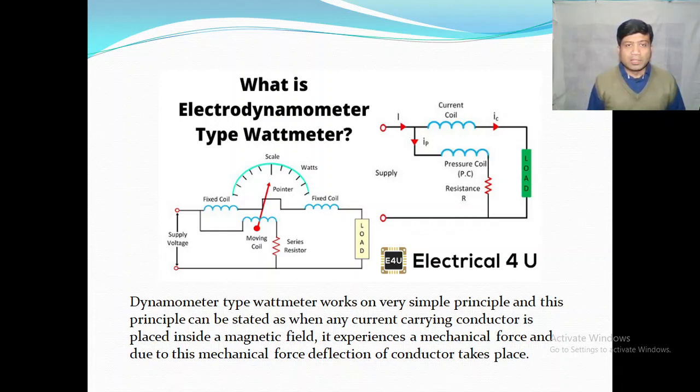When the instrument measures the voltage across the load and the current across the load, and its multiplication is done and reflected on the scale of the instrument, then this instrument serves as a wattmeter.